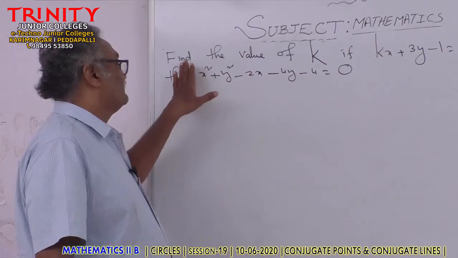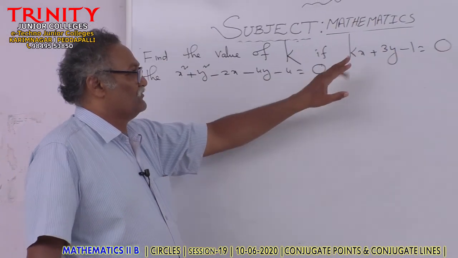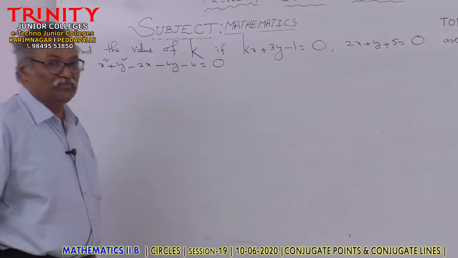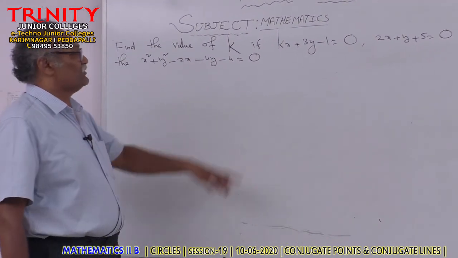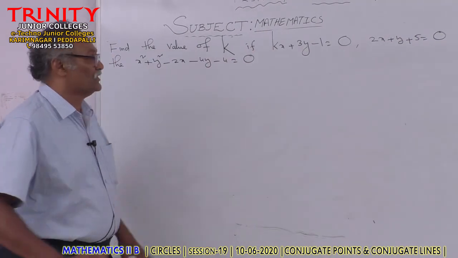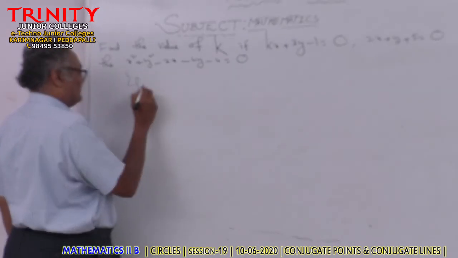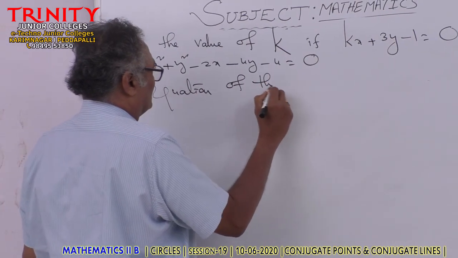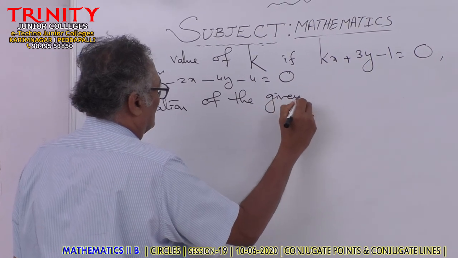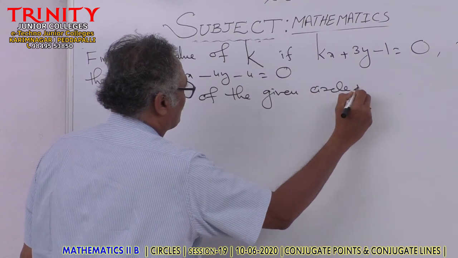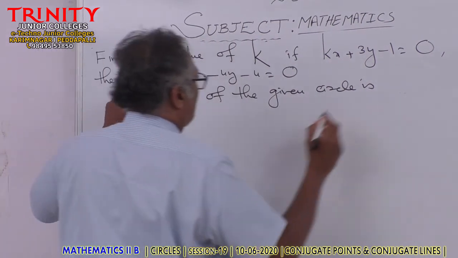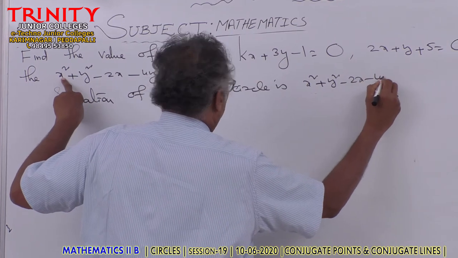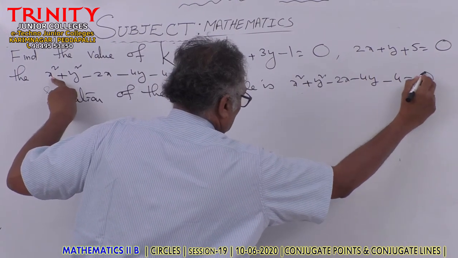Next question. Find the value of k if these 2 lines are conjugate lines with respect to this circle. That is the question. Then find the value of k. Here the equation of the given circle is x square plus y square minus 2x minus 4y minus 4 is equal to 0.